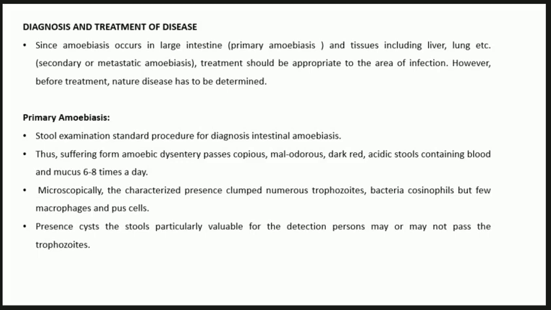In this staining, they will try to observe the trophozoites, bacteria, eosinophils, and a few macrophages and pus cells are also present. But basically, they will see the trophozoites first of all. Then another thing you may observe in the stool is the presence of cysts, okay, metacysts. The stool is particularly valuable for detection.